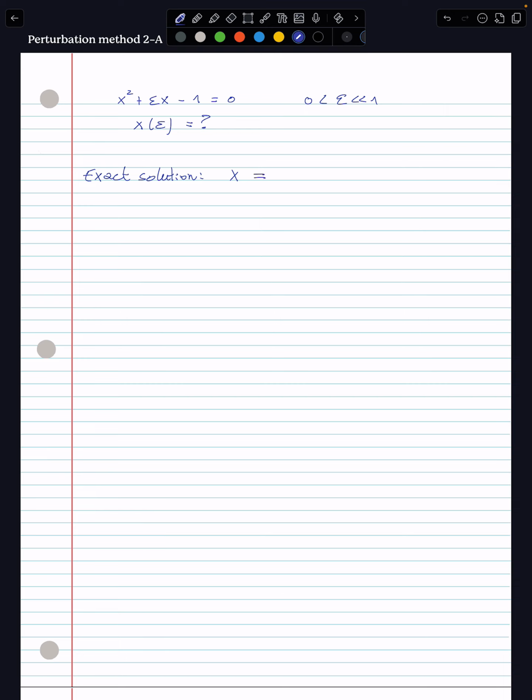So 1/2 of minus b, so this is minus epsilon, plus or minus 1/2 again, the square root of b squared minus 4ac, which reads like this. So it means this is minus epsilon over 2 plus or minus the square root of 1 plus epsilon squared over 4.